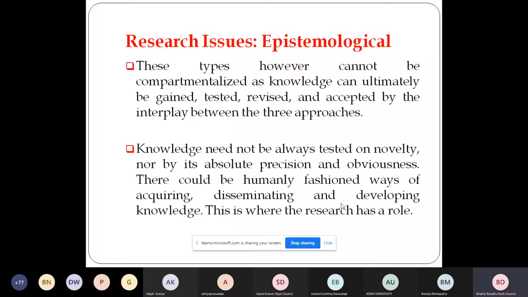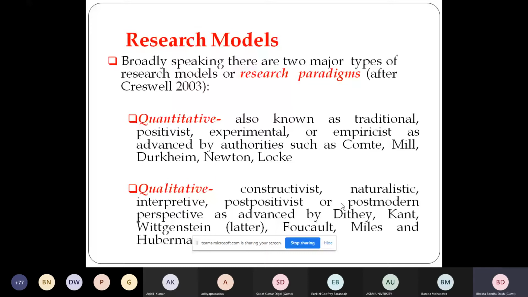Considering this, I'll come straight to the research model. I will give the reference of Creswell, who did research in 2003. Creswell identified two models, considering research paradigms. One is quantitative, which is traditional, positivist, experimental, empiricist, as advanced by authorities like Comte, Mill, Emile Durkheim, Newton and John Locke.